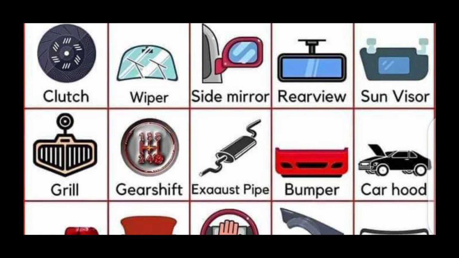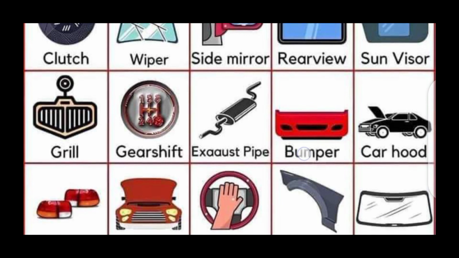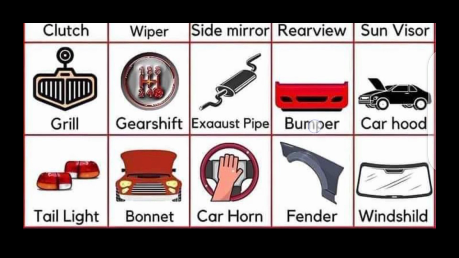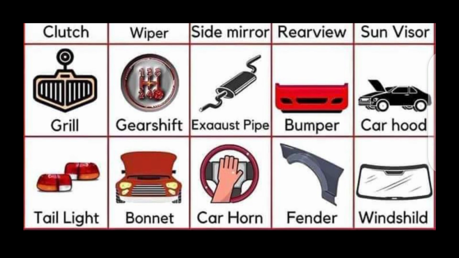The next one is gear shift, which is usually a monogram or a logo. The next one is exhaust pipe. The next one is bumper. The next one is car hood. The next one is tail light.